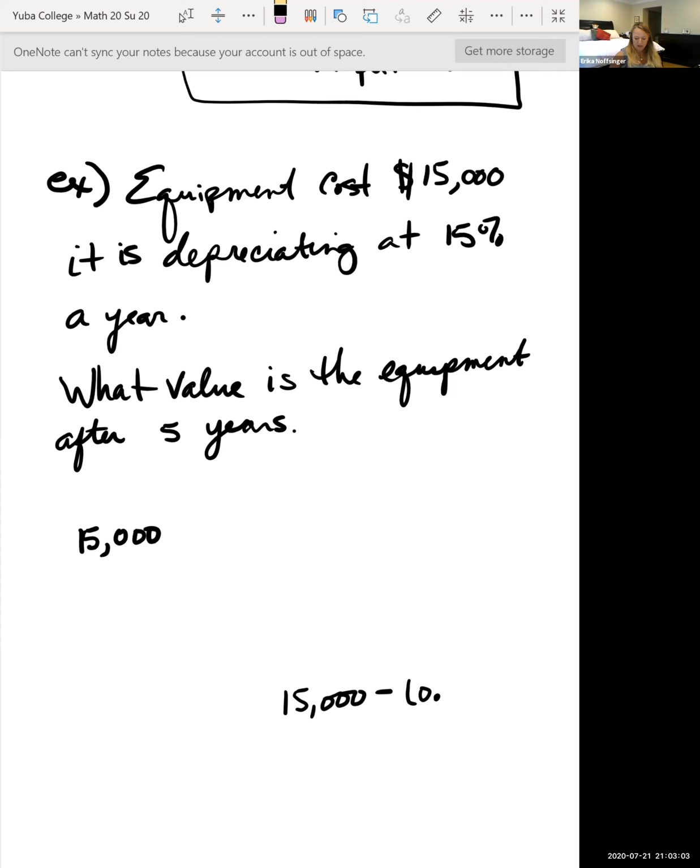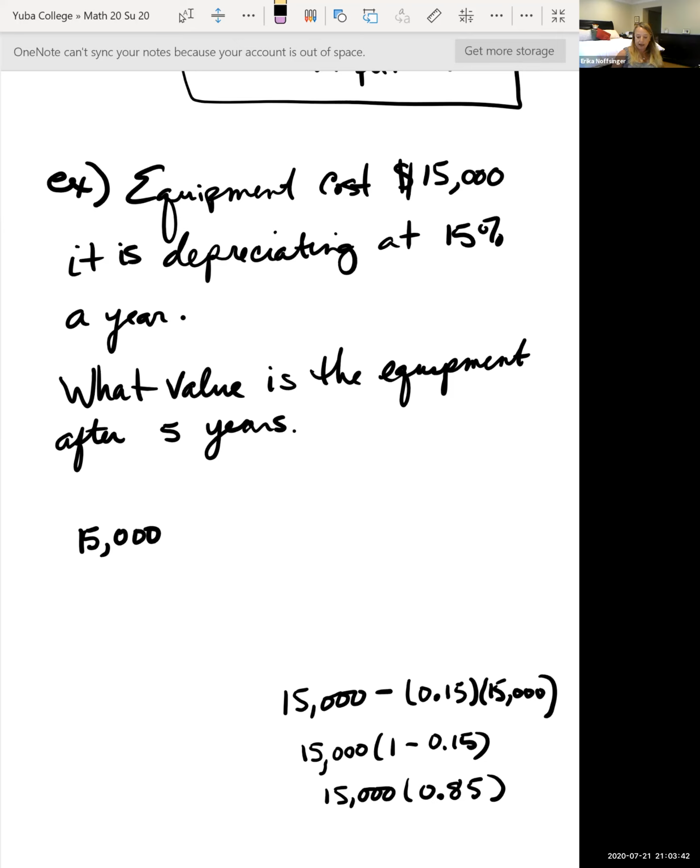So 0.15, which is the decimal form of the percent, times the cost, 15,000 in our case. Or think of it this way, if we factor out a 15,000 from both of these terms, this is really the same thing as 15,000 all times the quantity 1 minus 0.15. 1 minus 0.15 gives you 0.85.